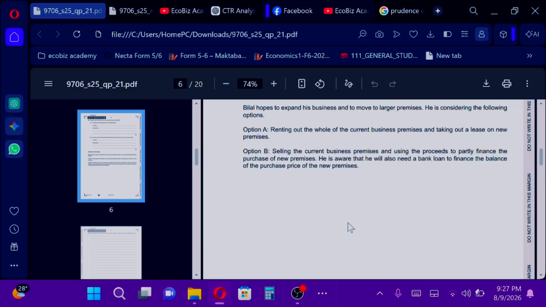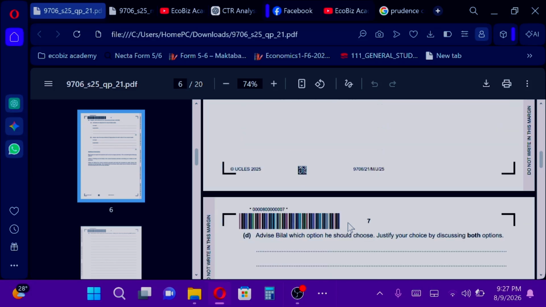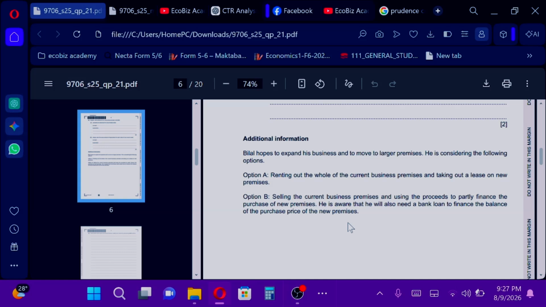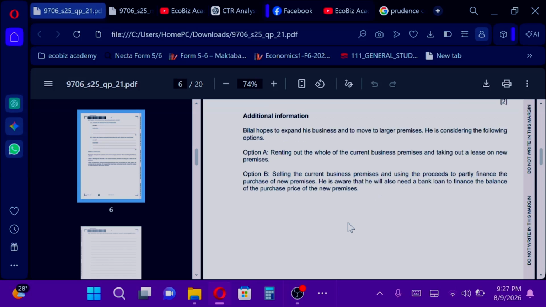Okay, now this is the next part D. Bilal hopes to expand his business and to move into larger premises. He is considering the following options. Option A, renting out the whole current premises and taking out a lease on new premises. Now, what are the advantages and disadvantages of this option?